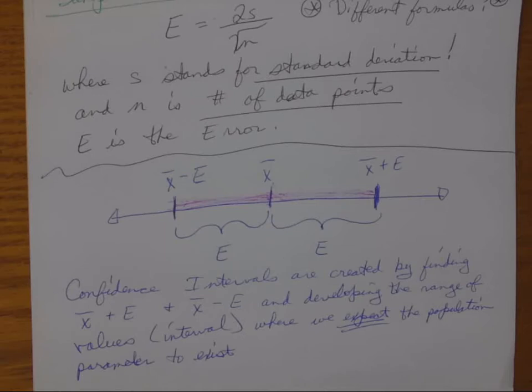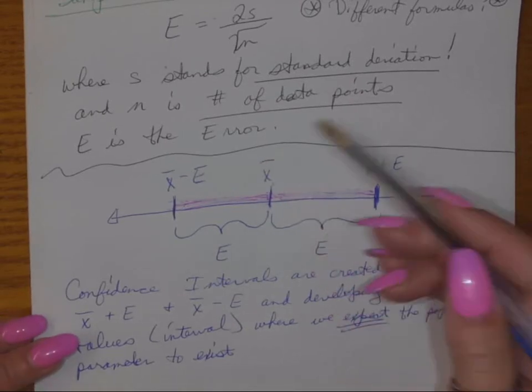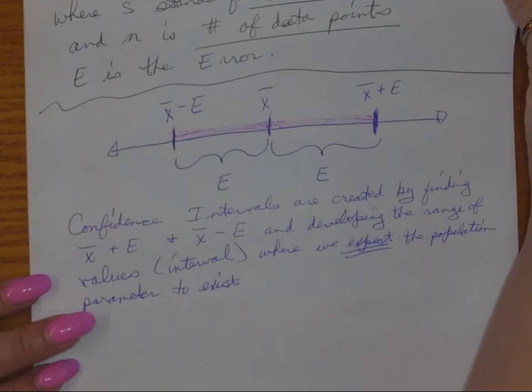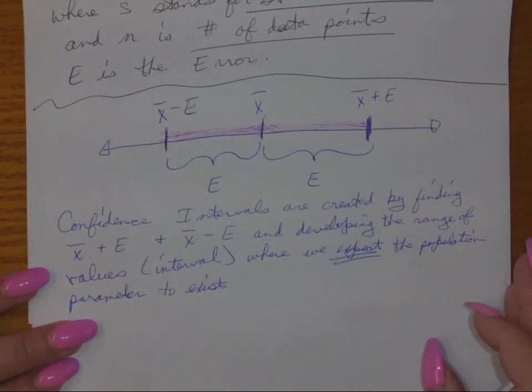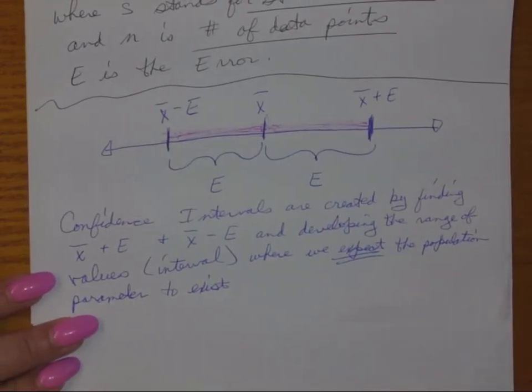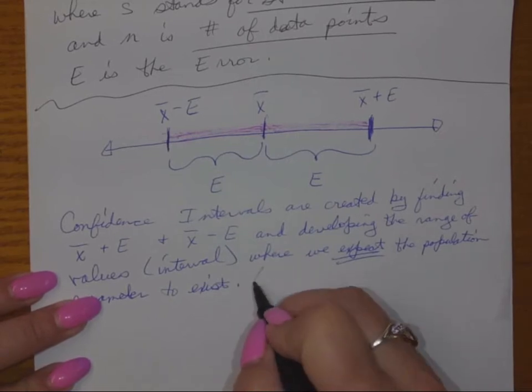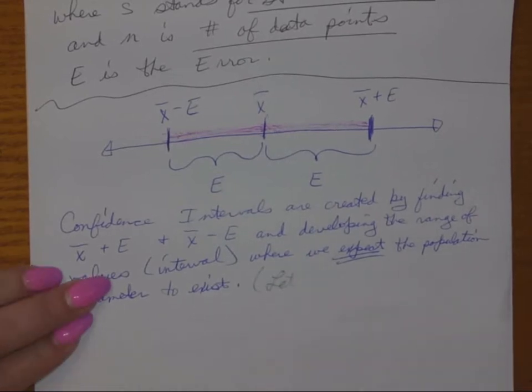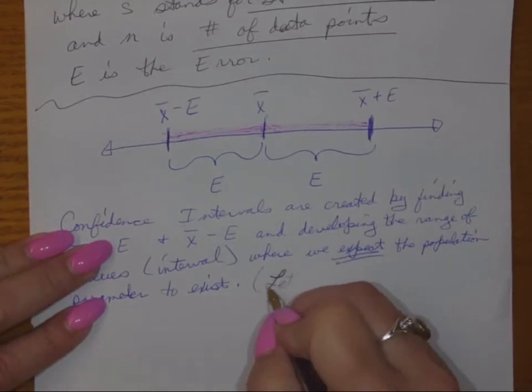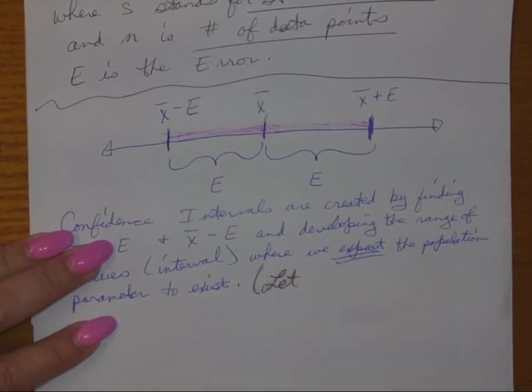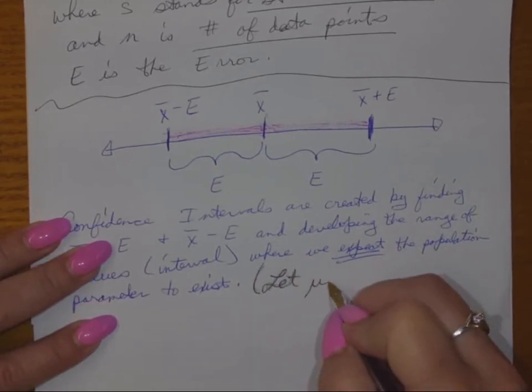We need a letter to represent our population mean, right? If X bar is the sample mean, then we need a letter, a variable, whatever, to represent the population mean. So we're going to say let, and here's where Greek letters come in, and sorry about this. I'm not responsible for this. It's the letter mu.